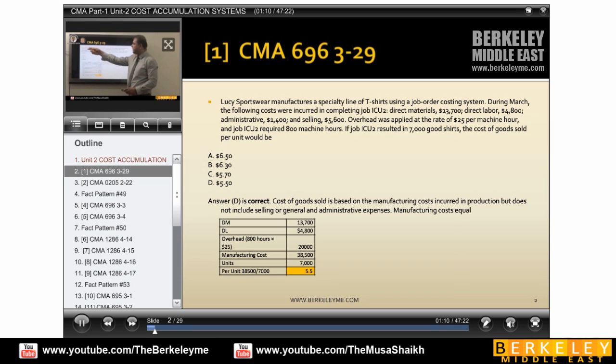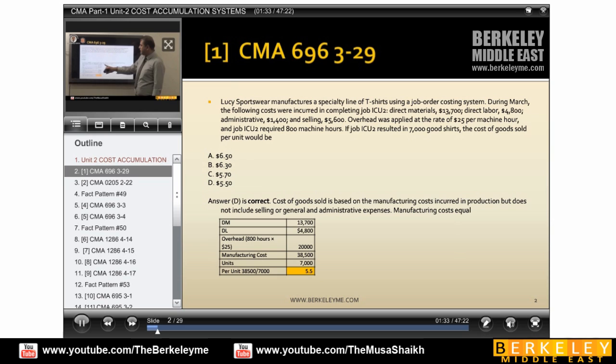So let's find: Lucy Sportswear manufactures a specialty line of t-shirts using a job order costing system. Now once we use a job order costing system, it is DM, DL and overhead. During March, the following costs are incurred in completing this job.